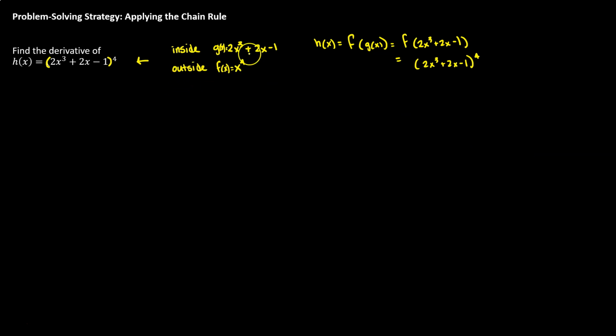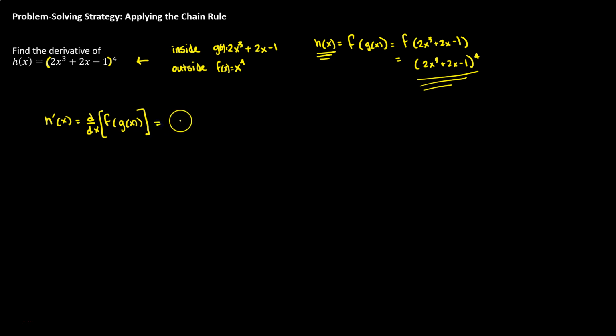But in this case, looks like we picked the right inside and outside function because we were able to recreate h of x using a composition of f and g. And our chain rule says that if we're taking the derivative of some function h, where h is a product of two functions of x, not a product, a composition of two functions of x, then we're really taking the derivative of that f of g of x.